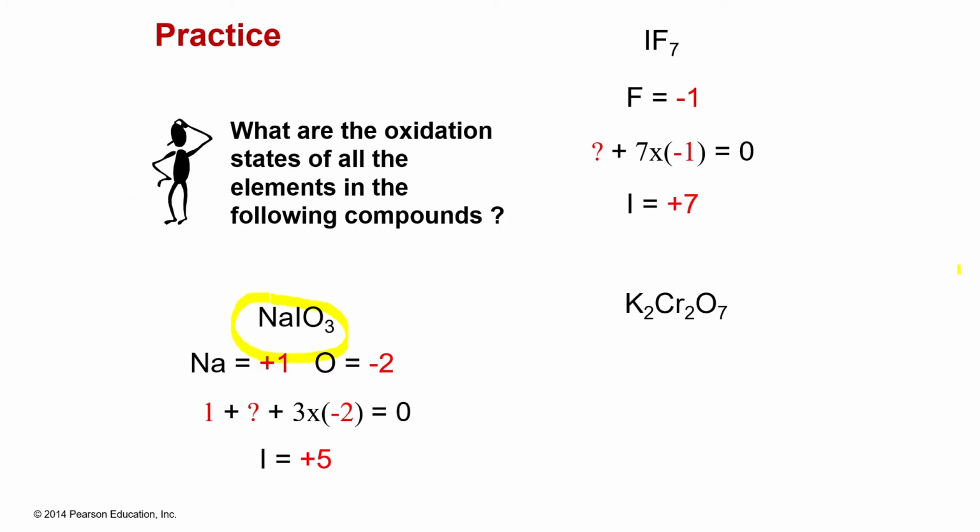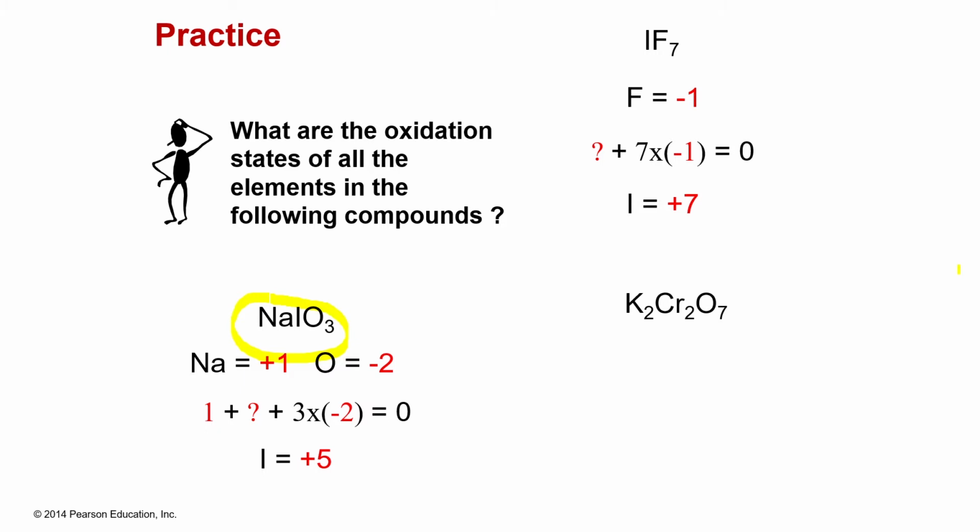Yes, it is different than it was in the other compound. Many nonmetals, particularly the ones that have bigger atoms, are capable of forming compounds in which they have different oxidation states. The next compound, K2Cr2O7, by the way, it's named potassium dichromate.